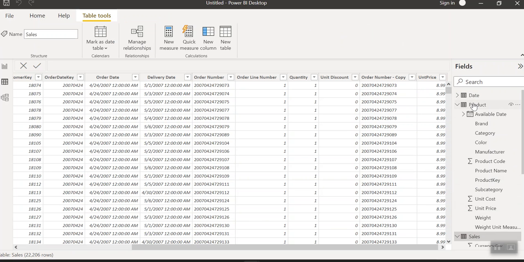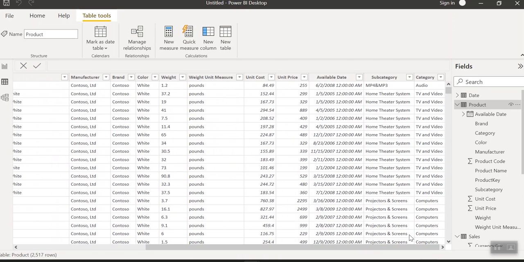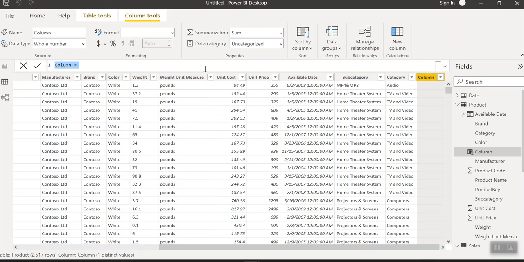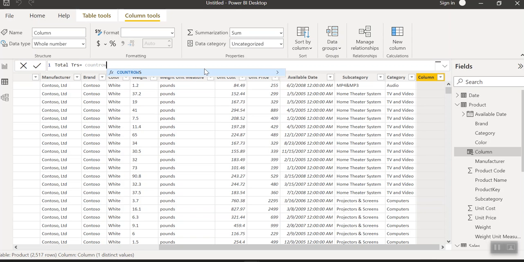Now I want to add from the one side of the table. One side is the product side. So I will add a new column. Total TRs is going to be the new column, total transactions, and this is nothing but count rows.